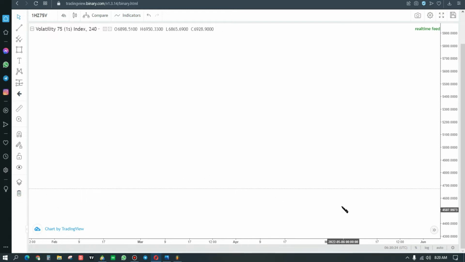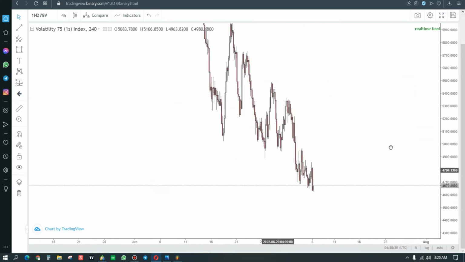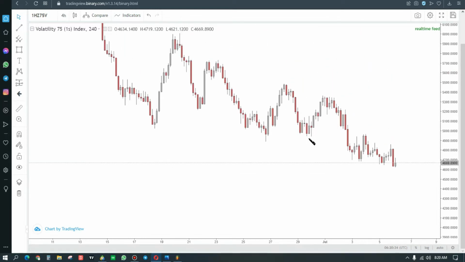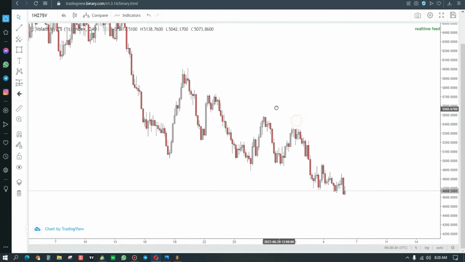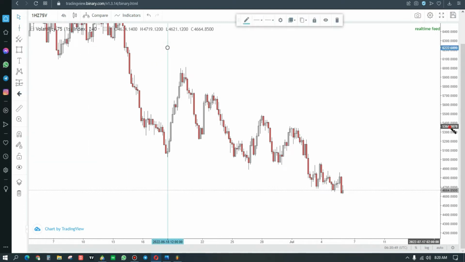Okay, it's clean. We don't have to look far behind it. We just have to look at the recent market structure starting from this point. I'm just going to mark it out with the vertical line.